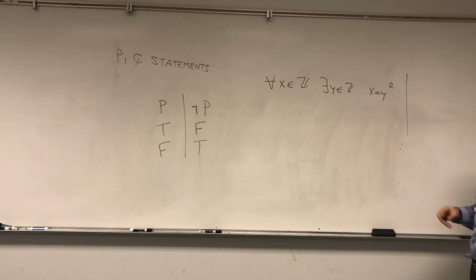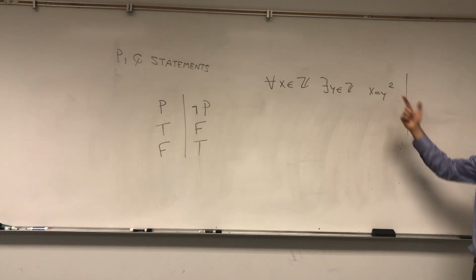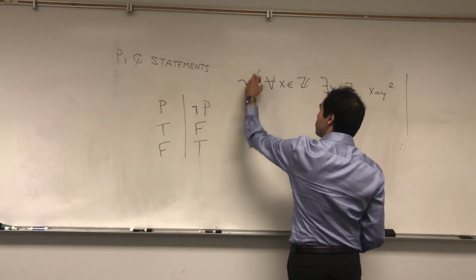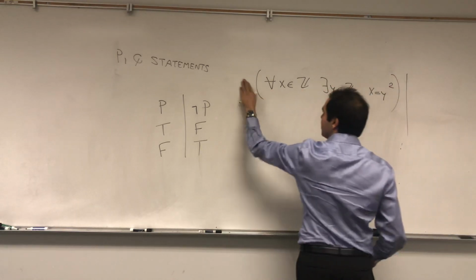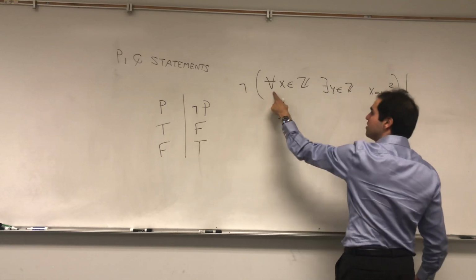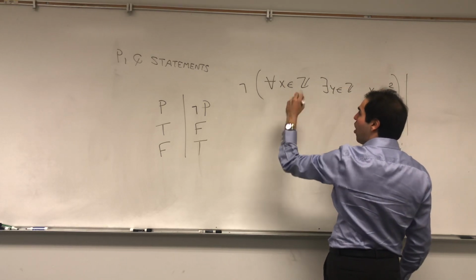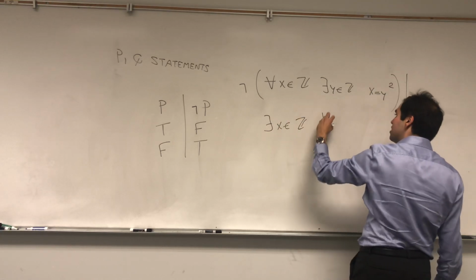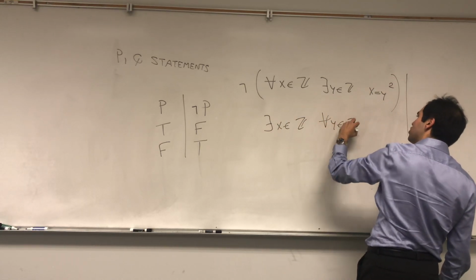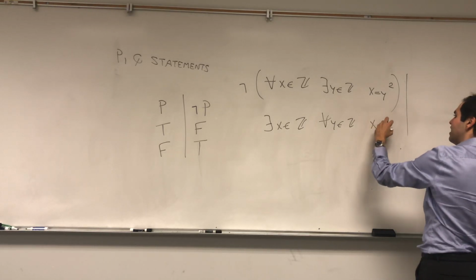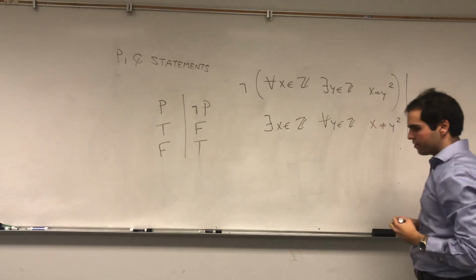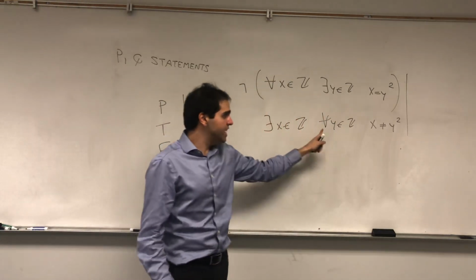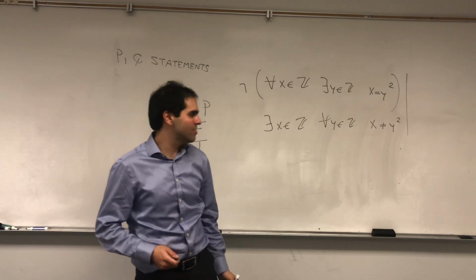You might guess what the answer is, but in my opinion, this is already complicated. So instead, let's try to prove or disprove the negation. The negation of this, you simply turn the for all into there exists. So does there exist an integer such that no matter which other integer we have, you cannot write it as a square? In other words, is there an integer that's not a perfect square?